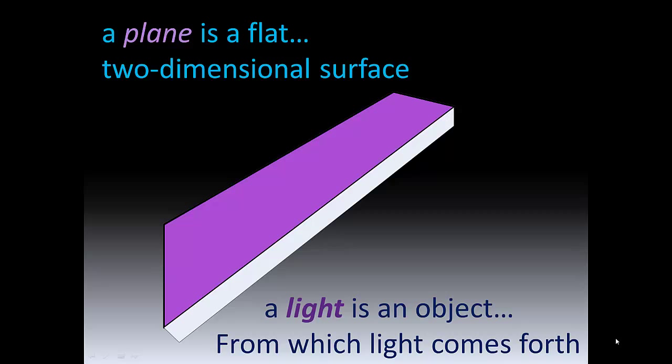Here we have a graphical representation of a plane. A plane is a flat two-dimensional surface. We added a little extra graphic to it to look like it's a box, the front of which is light. So a light is an object from which light comes forth.